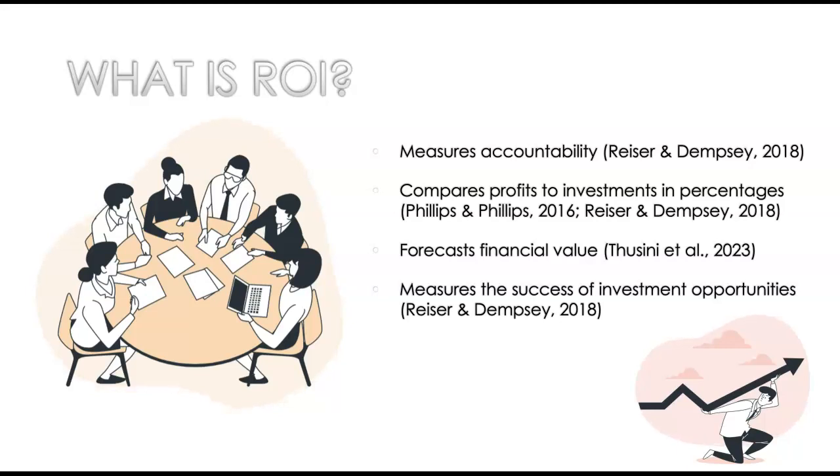In other words, ROI can forecast financial value or evaluate a program by converting the outcomes to money so as to assess the financial gains that a program can yield (Tusini and others, 2023). In business, ROI has measured the success of investment opportunities for centuries (Razor and Dempsey, 2018).